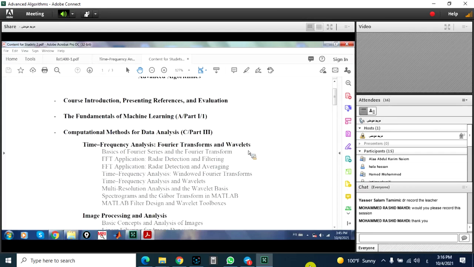As engineers, you know the Fourier transform. At least you have heard about it. We want to learn more about the context. We see some examples of the Fourier transform.